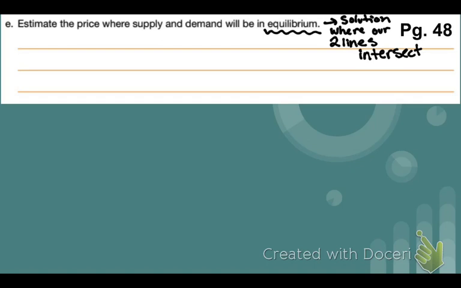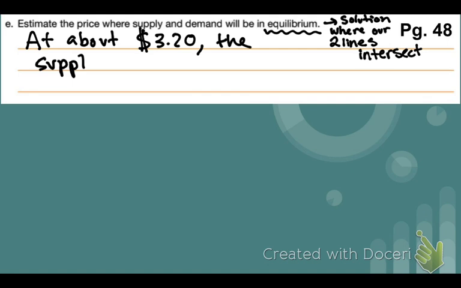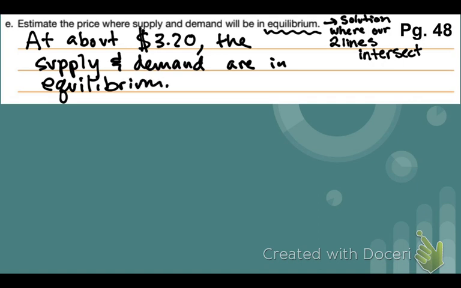So we can say at about $3.20, the supply and demand are in equilibrium. And the number of those dolls that are both supplied and demanded at $3.20 is around 245.